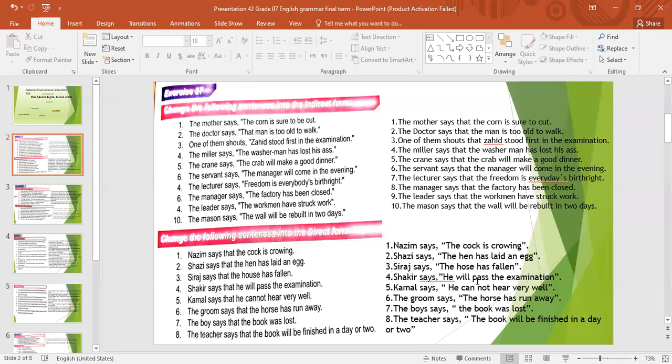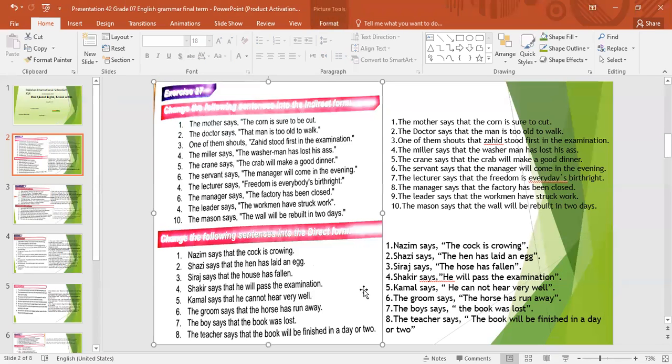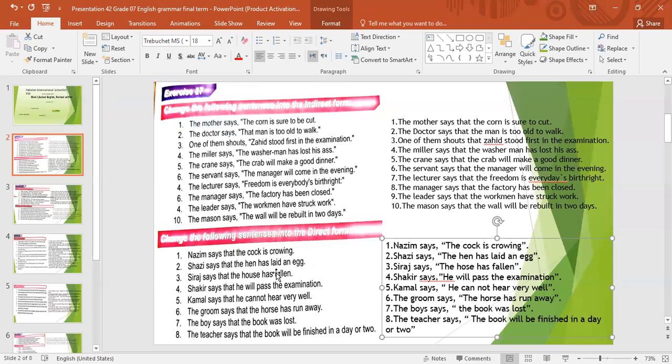Sentence number four: Shakir says that he will pass the examination. This is indirect speech. Here, Shakir says, "He will pass the examination." Just removing "that" from these sentences and putting the last part of the sentence into inverted commas, it will be direct speech.